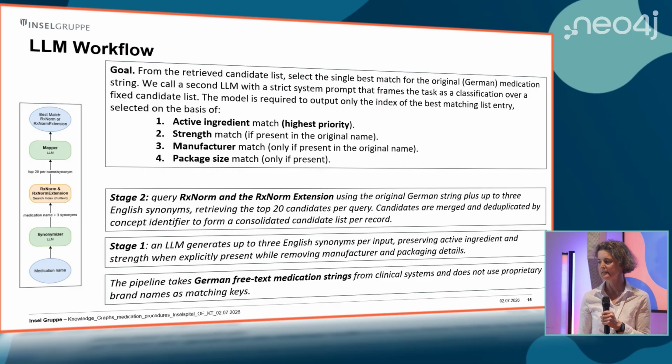And then in the second step, the mapping was conducted. We prioritized certain information that comes with the products. Active ingredient was the most important information that should be translated and mapped in the correct way because it contains the clinically most important factor of a product we were working with.